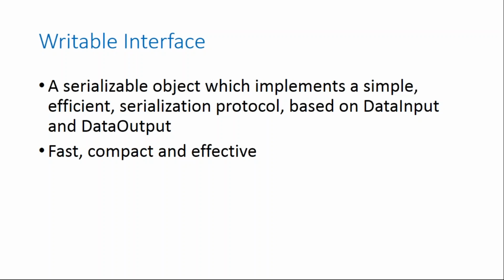So the out of the box primitive data types of Java were not really efficient. So they wanted something fast, compact, and effective. So they came up with these new data types for Hadoop. Apart from that, everything is same.